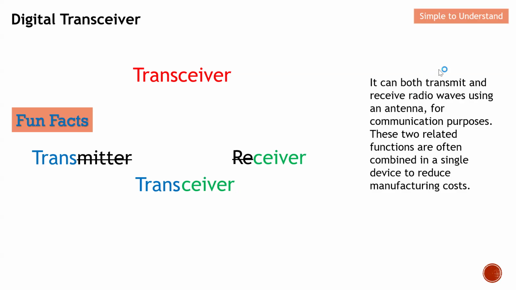Hence, it will be able to transmit and also receive radio waves using the same antenna. This is the keyword, using the same antenna. These two related functions are often combined in a single device to reduce manufacturing costs. For example, our mobile phone is actually a transceiver. Our walkie-talkie is also a transceiver. So this is a simple explanation of a transceiver.